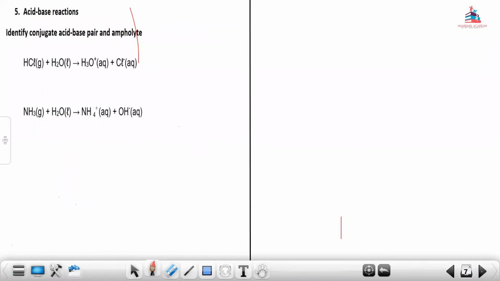We started by saying we must have acid-base reactions. But now with acid-base reactions comes what we call a conjugate acid-base pair. So this will take place when I have a reaction between an acid and a base.